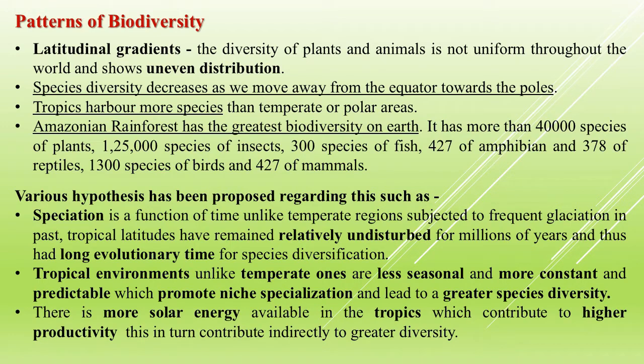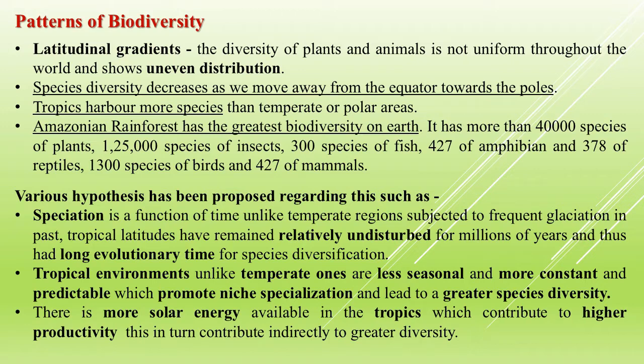So, the first one, what we have discussed, is that speciation, or the formation of new species, is a function of time. If a region remains undisturbed for millions of years, then it accelerates speciation, and as the tropical region is an undisturbed region and there was less glaciation in the past, we find rich species diversity.